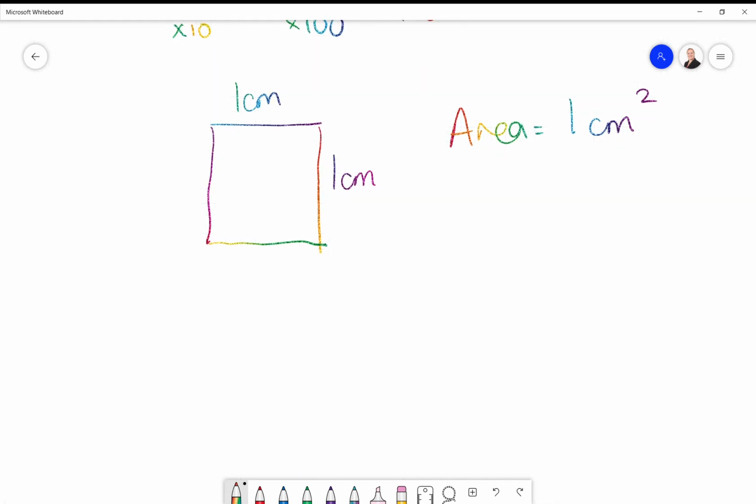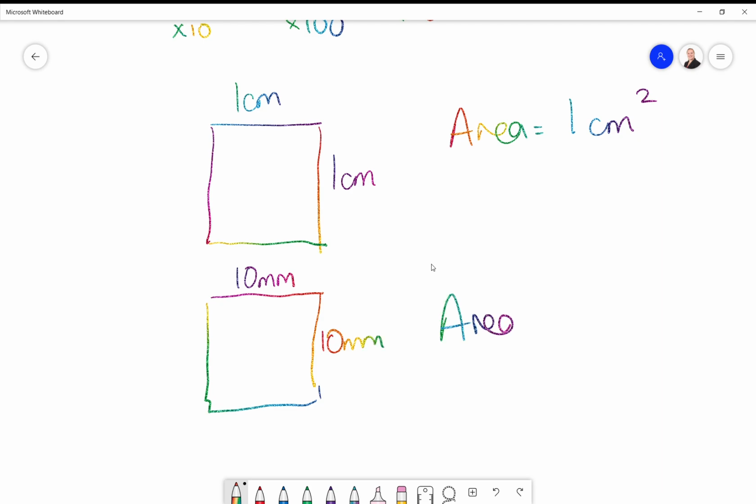If I draw the exact same square, 1 centimeter we know is the same as 10 millimeters. So what is the area in millimeters? Well, 10 times 10 is 100. So we can say that 1 centimetre squared is the same as 100 millimetres squared.